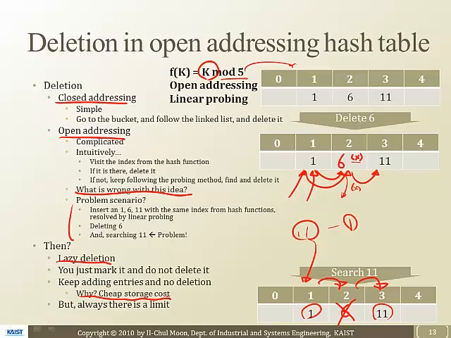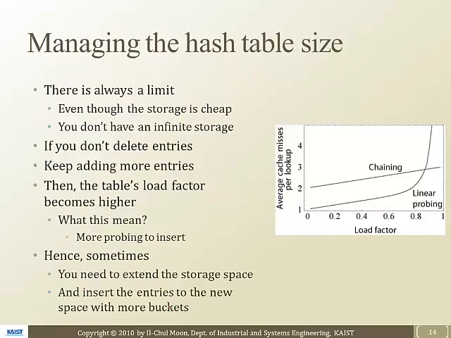That's one thing you can say. But actually, there is always a limit. So whenever it hits the limit, what you are going to do is reconstruct the hash table. When you are reconstructing the hash table, you just keep inserting the values and remove the marked values by not inserting them into the new hash table. That's the approach.